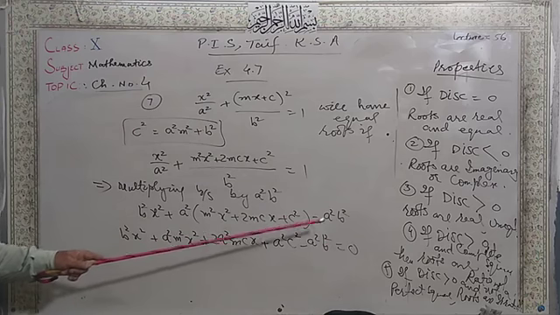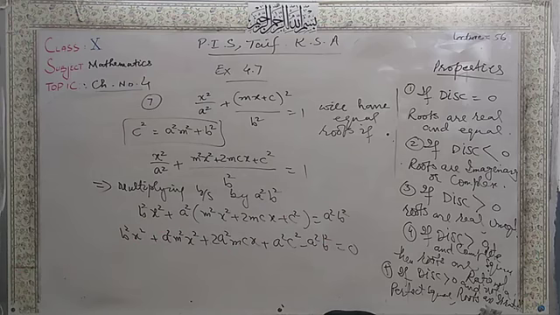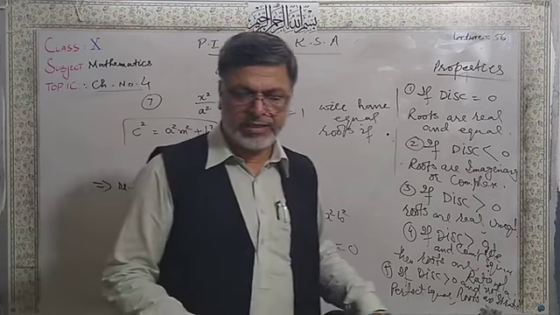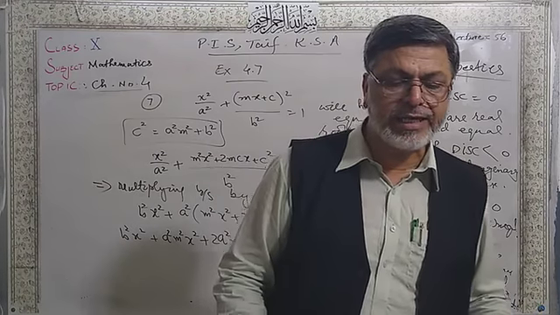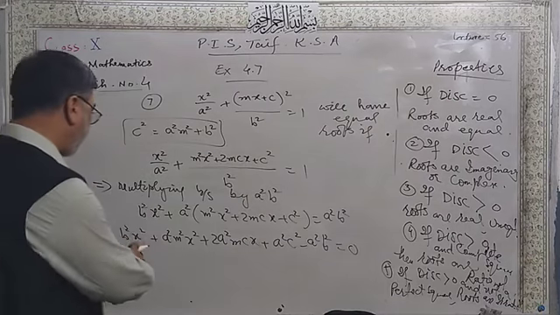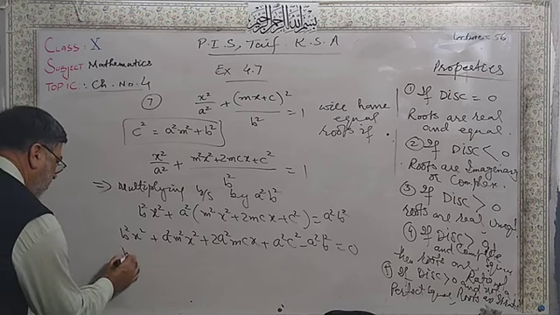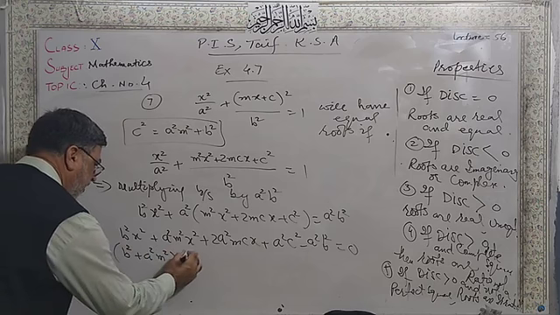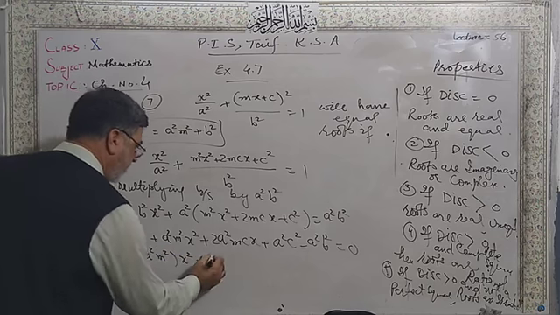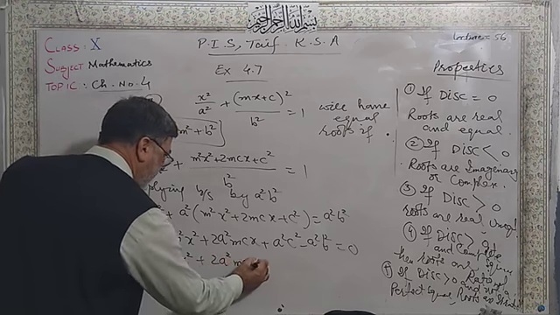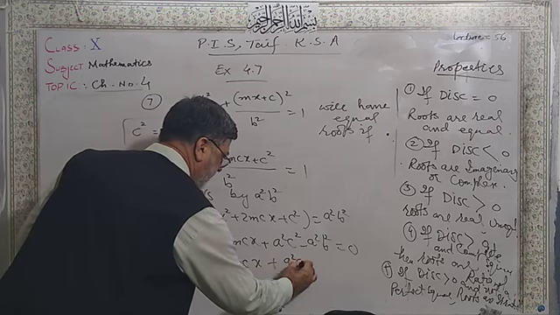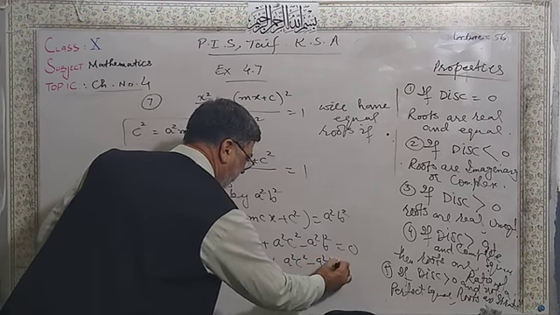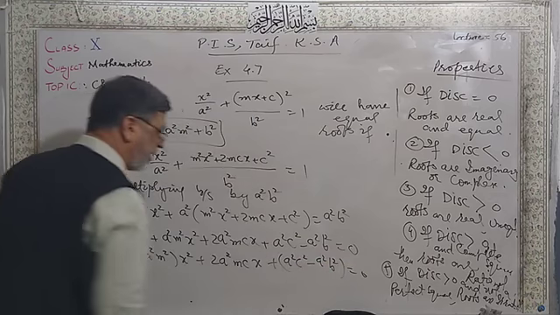Remember that I have shifted a square b square to the left hand side, and after that, dear students, write down this expression, write down this equation in standard quadratic equation. You will write down this equation as, taking x square common, (b square plus a square m square) x square plus 2a square mc x plus a square c square minus a square b square, this is equal to 0.